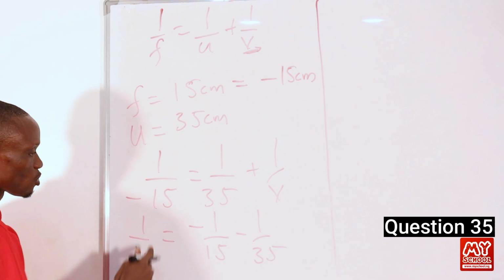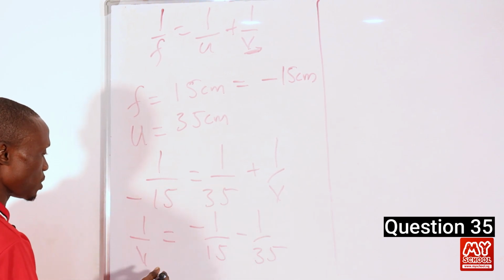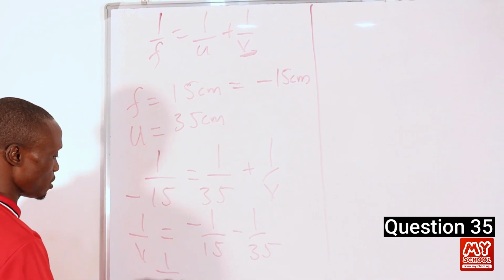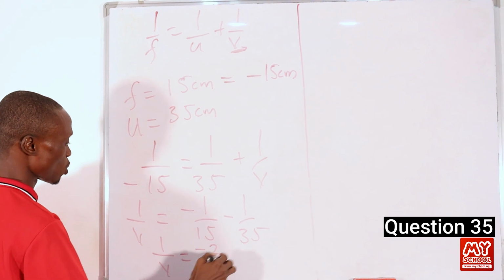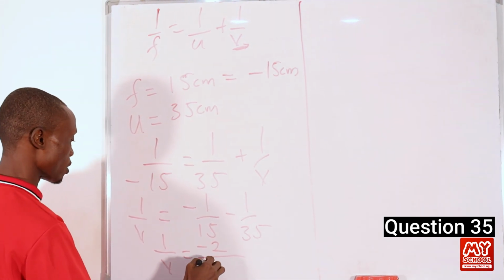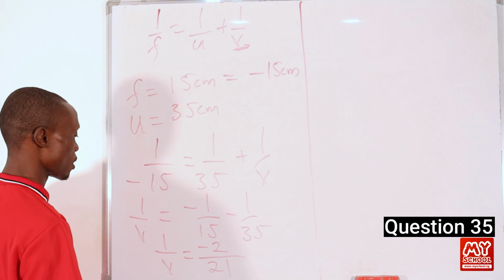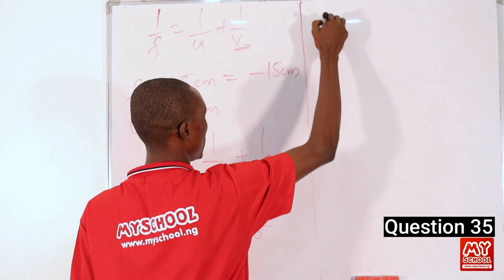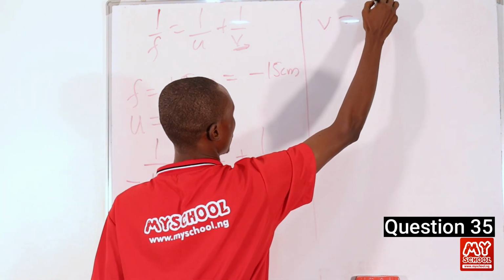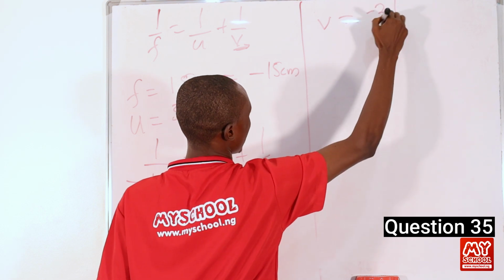Solving this, 1 over V is equal to minus 2 over 21.